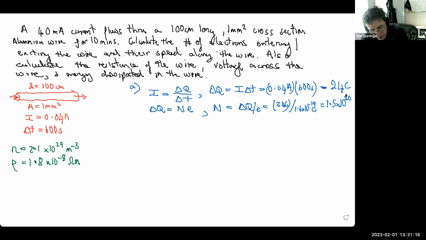The second question is, what is the speed of the electrons as they move down the wire? We know the number of them. Now, what's the speed? To figure that out, I'm going to use that relationship between this macroscopic picture of current as just the flow of coulombs of charge, and the microscopic picture of current as the flow or motion of individual electrons.